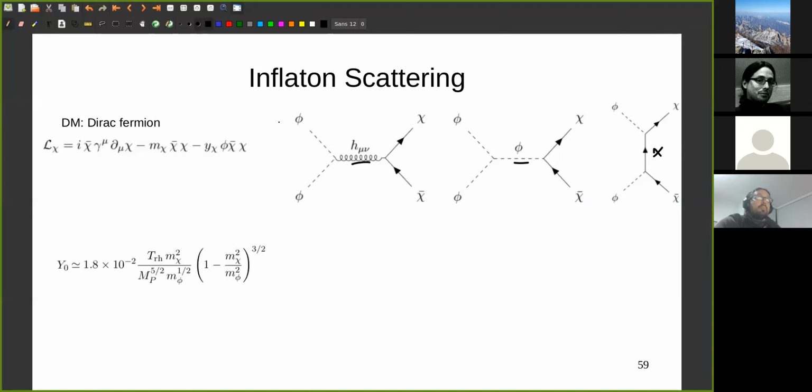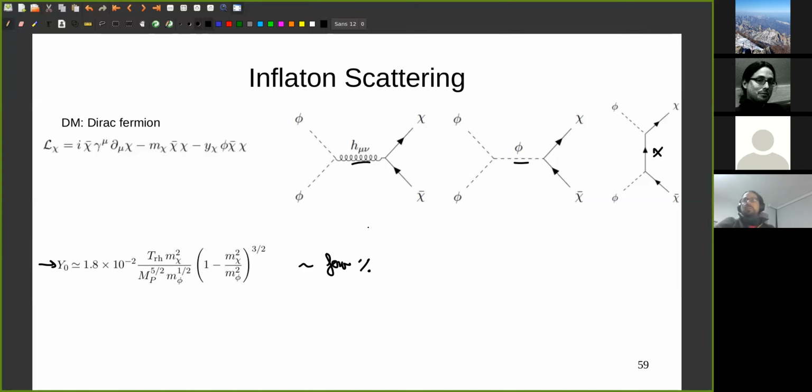So you can compute this kind of processes. However, this typically is not the dominant one. You can compute the dark matter yield, but it only contributes a few percent of the total dark matter abundance.